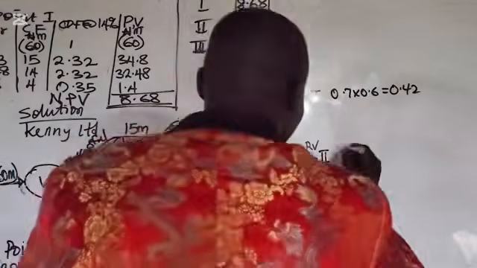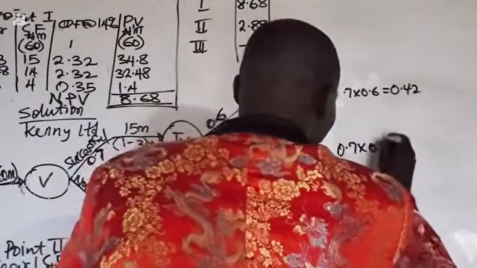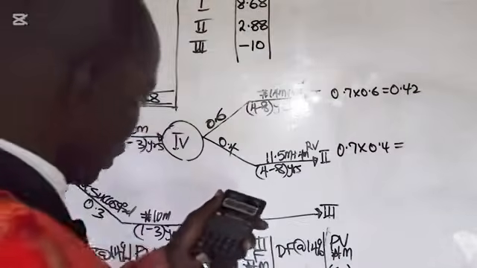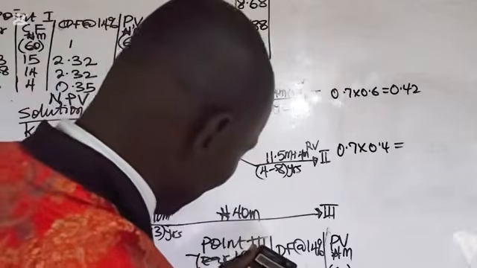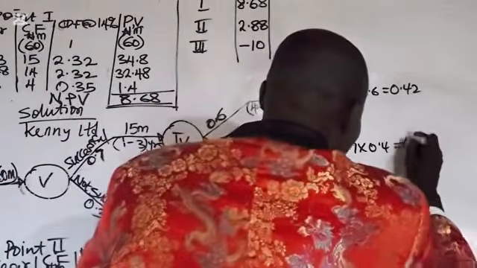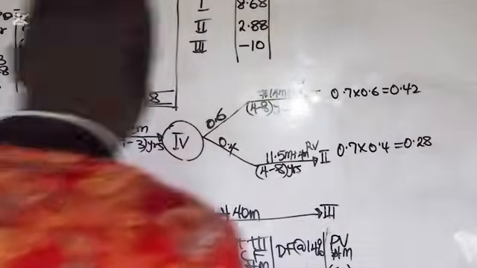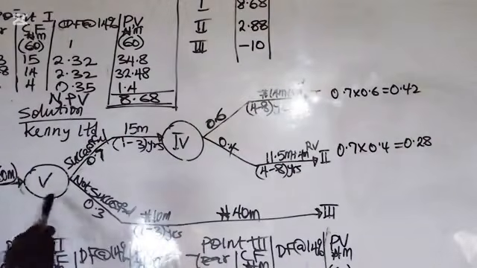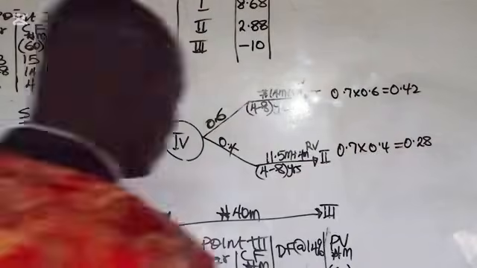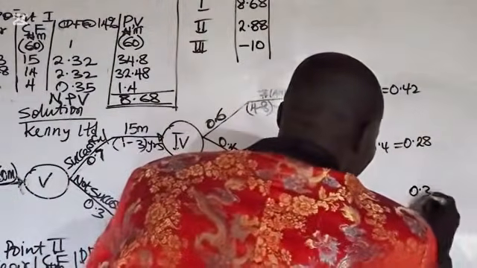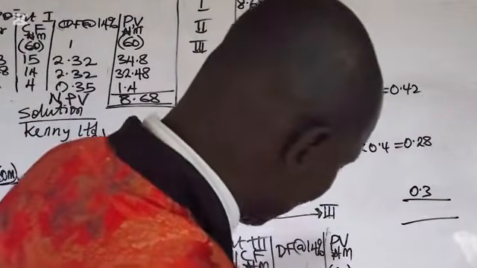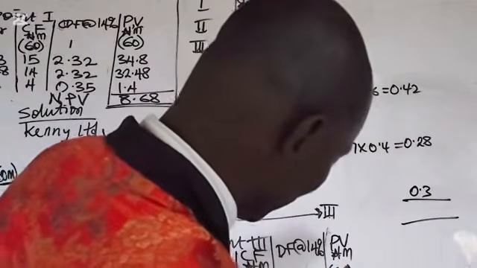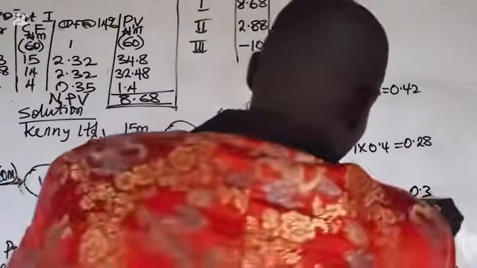Those are the two probabilities. What is the product of the two probabilities? 0.7 times 0.4 gives us 0.28. At point 3, the only probability we have here is 0.3. If you sum up the 3 probabilities, 0.3 plus 0.28 plus 0.42, the sum of the probabilities is 1.